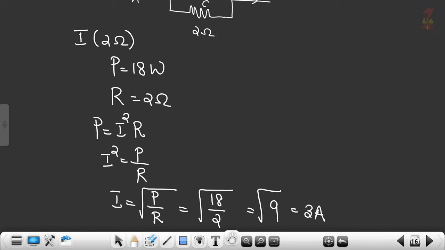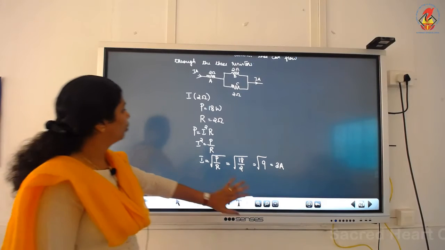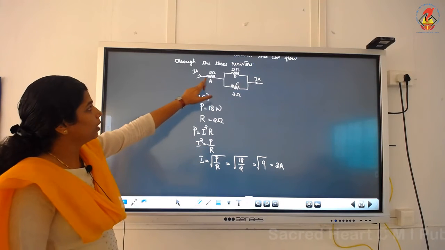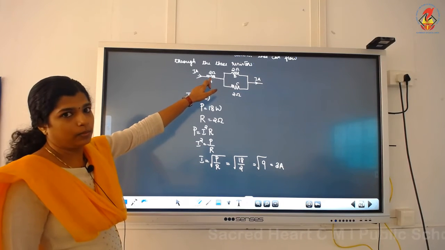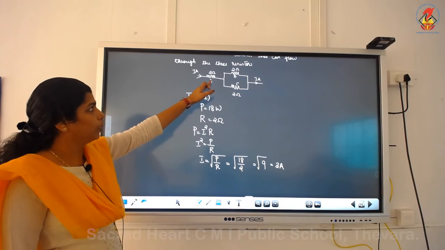So, 3 ampere current will flow through this 2 ohm resistor.